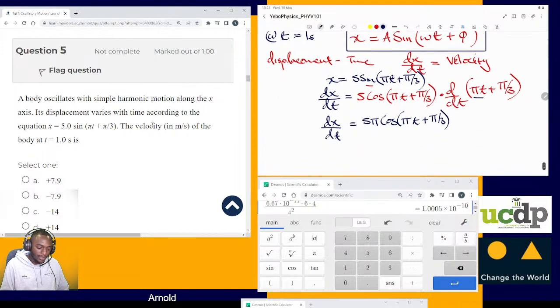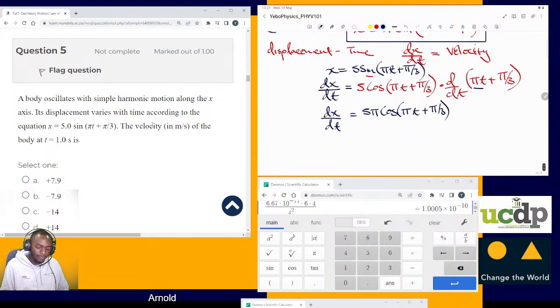Okay, and what are we looking for? The velocity. And we have said that dx over dt is equals to velocity. So this means that our velocity is equals to 5 pi cos pi t plus pi over 3.